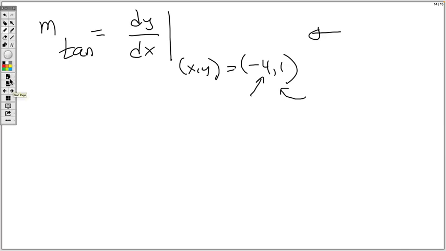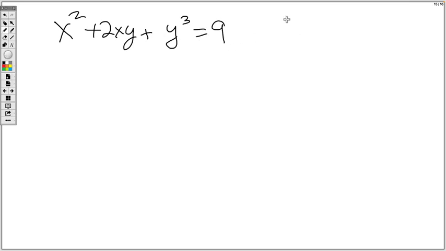So here's what we do. I'm going to start off with the formula here. x squared plus 2xy plus y cubed equals 9. And we're going to think that locally y is a function of x.